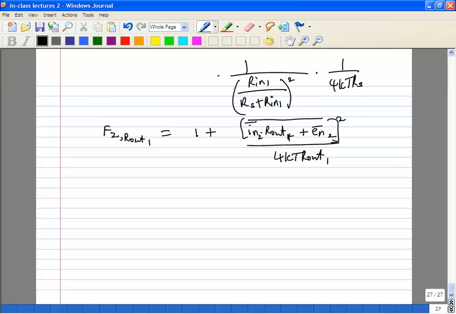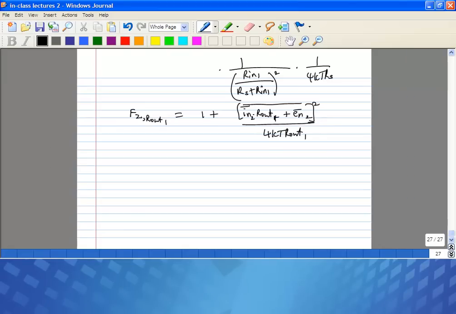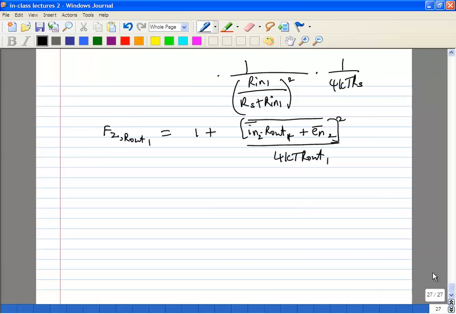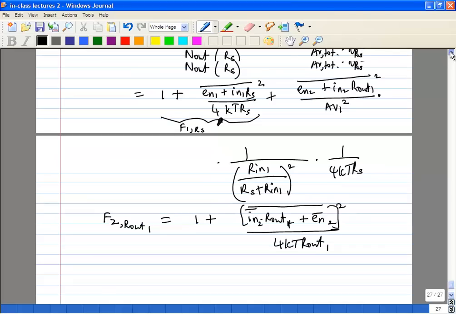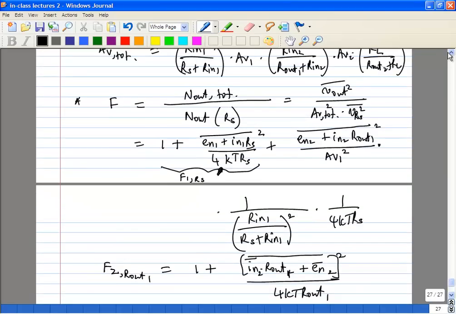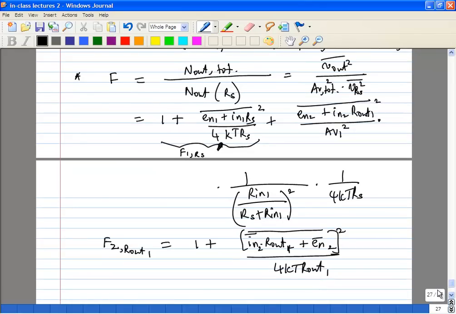Okay, so what we are going to do is take the second term and rewrite it in terms of F2 Rout1, because they have a number of common terms, you can see that, right?